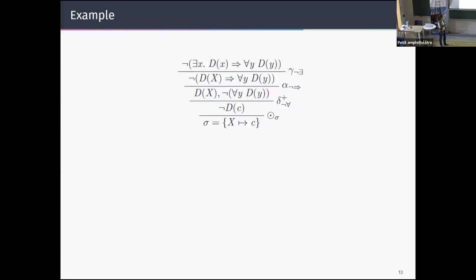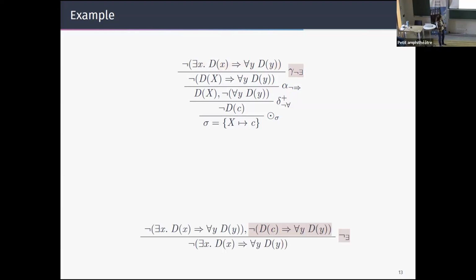So this is my Tableau proof that I cannot translate in sequent calculus yet, and I will start applying my algorithm. So at the very beginning, it's a gamma formula not exist, so I just copy it. That's great. I apply the step. I generate here this formula: not d of c implies for all y d of y.